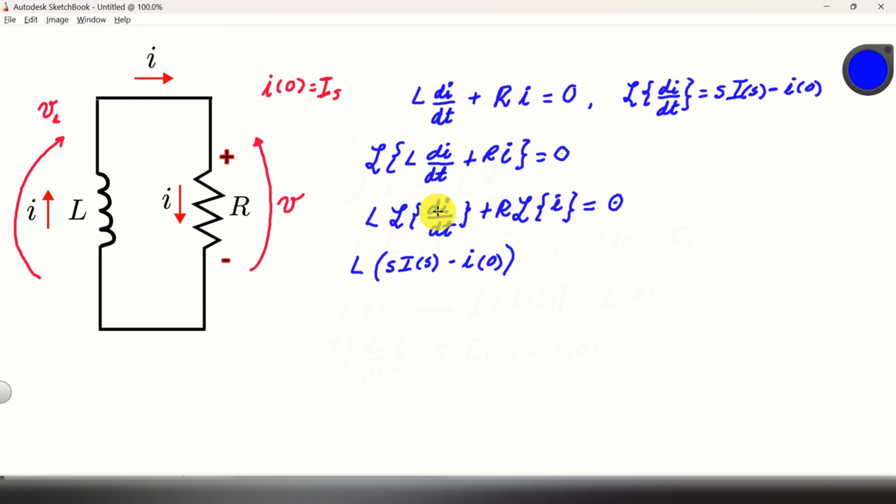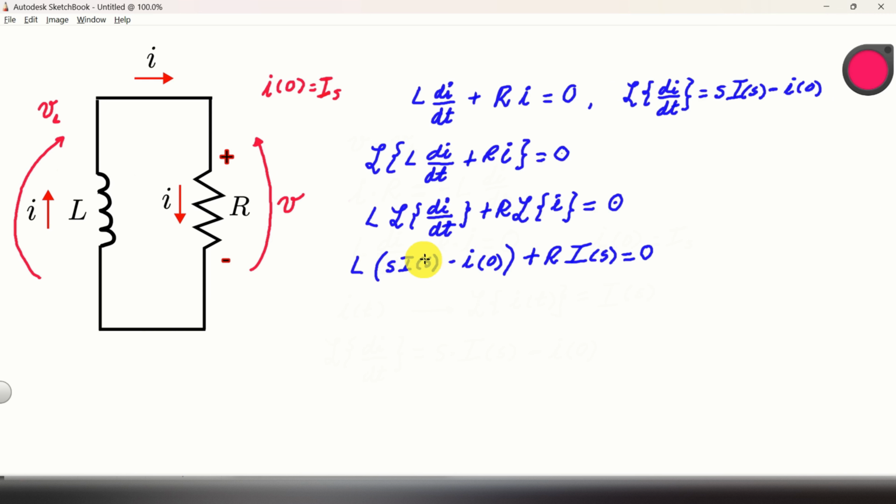This is basically the Laplace transform of di over dt, plus R, and over here we have capital I of S, equal to 0.